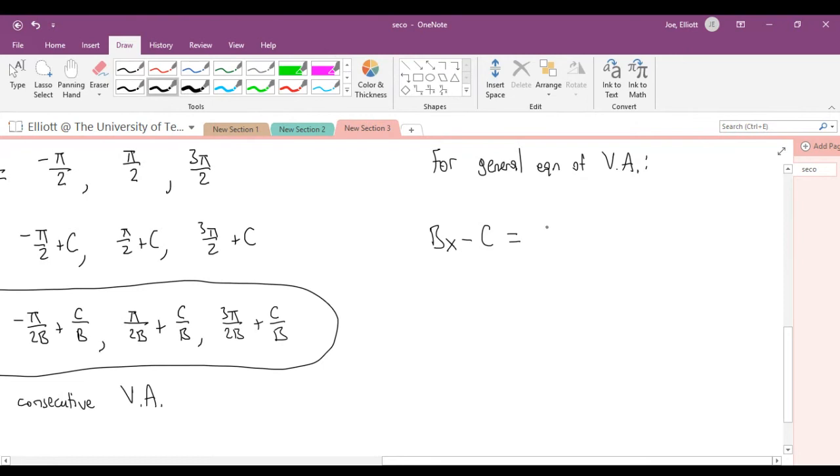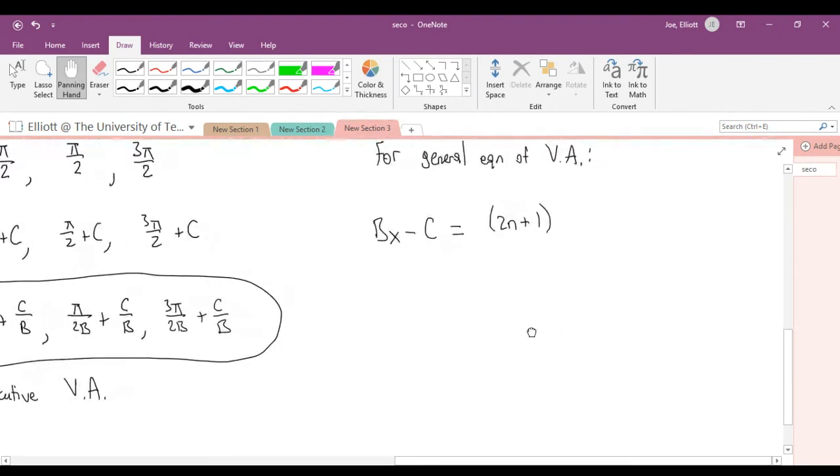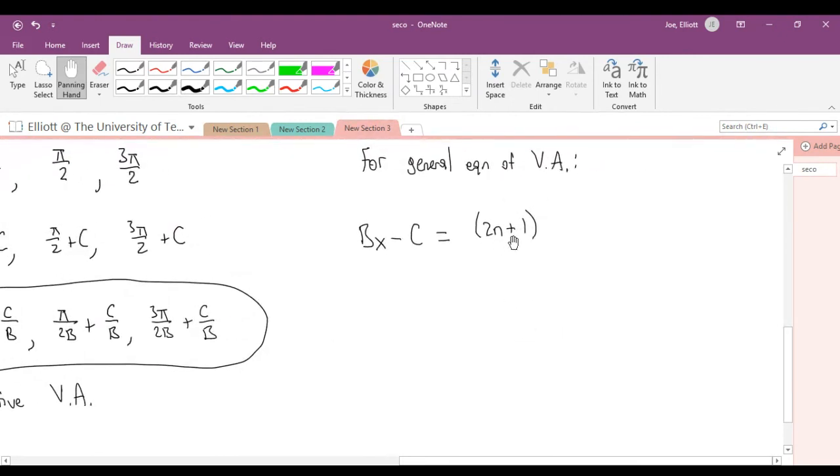One way to always have an odd number is to take an even number and then add or subtract 1 to it. So for example, if n represents an integer, then if I multiply by 2 and add 1, I know that's going to give me an odd number. So then I might take the inside of our function and set it equal to this.